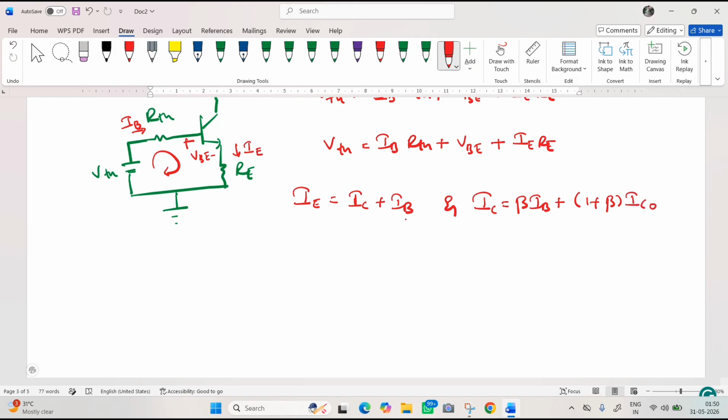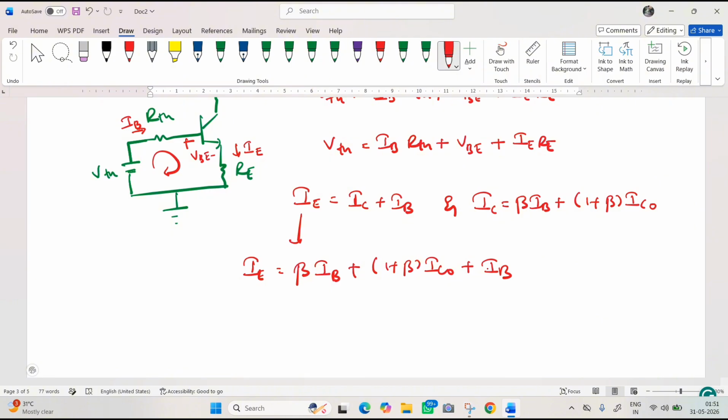Now, let me try to substitute this IC value in this expression. Then this IE will become, I'm substituting that IC value over here, IE equals beta times IB plus 1 plus beta times ICO plus IB, right?